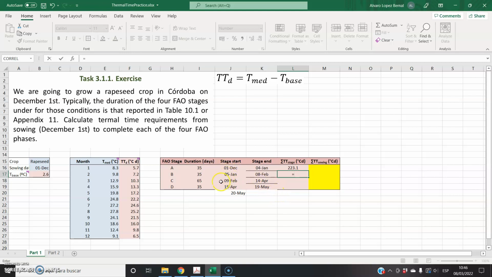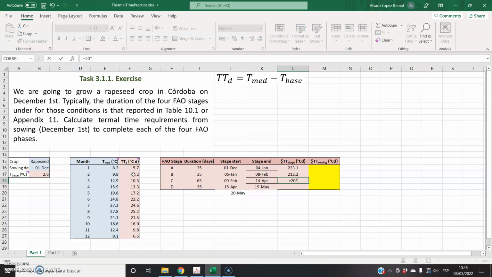So, for stage B, it's 22 days, right? Yeah, 27 days in January, plus 8 days in February.